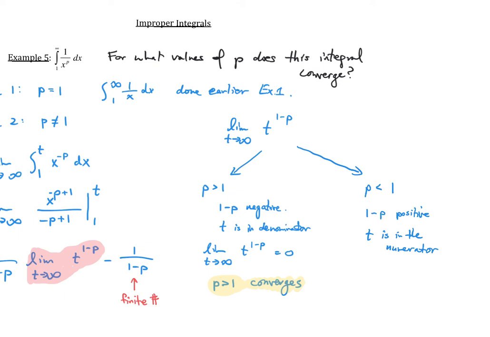When t is in the numerator and you calculate the limit as t goes to infinity, your t to the 1 minus p is exploding to infinity. So that means that this limit is going to go to infinity, which means when p is less than or equal to 1, your integral is going to diverge.